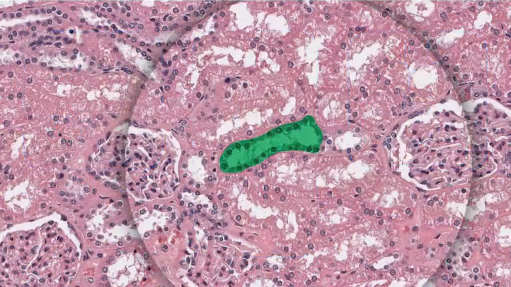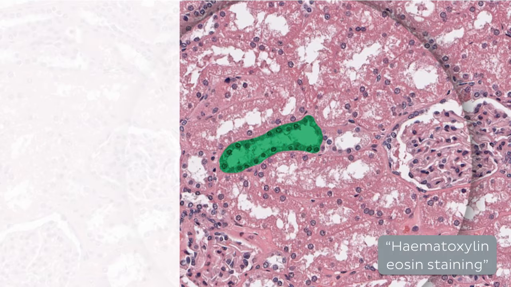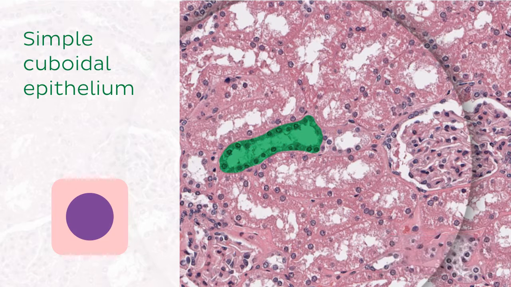The second type of simple epithelium that we'll talk about is simple cuboidal epithelium. This micrograph shows the simple cuboidal epithelial cells found lining the proximal convoluted tubule of a nephron. As you can see, these cells are distinctly higher than the simple squamous cells we just saw, and this is because simple cuboidal epithelial cells are cuboidal in shape, as the name implies.